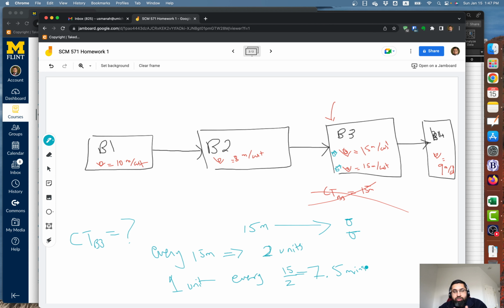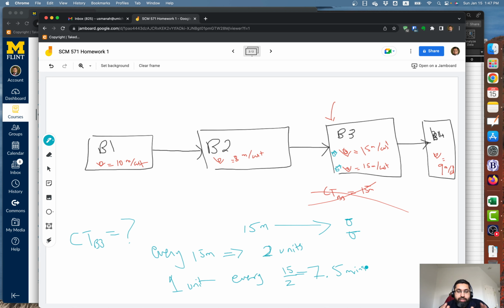Right? So 2 units coming out every 15 minutes on average is the same as a unit coming out every 7.5 minutes. If you have two versions of the process, in one version a stage pops out 2 units every 15 minutes, in another version that same stage pops out 1 unit every 7.5 minutes, and you run both these stages for a whole day or a shift, the output will be equal, because they're working at the same rate.